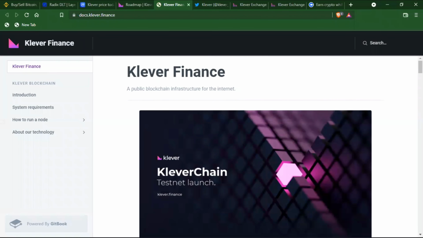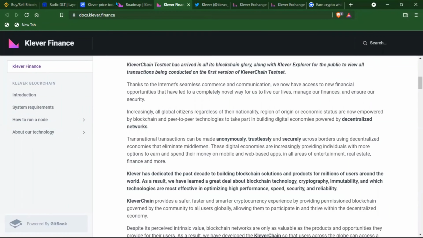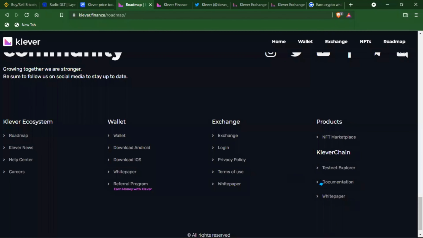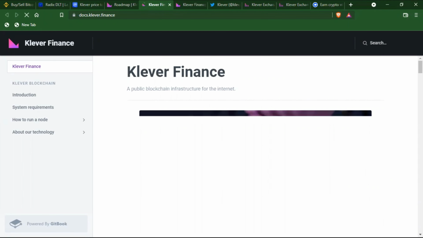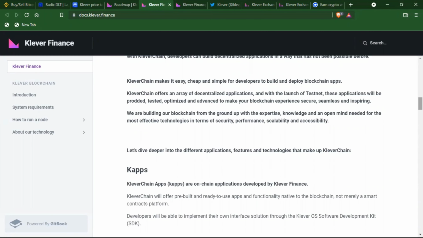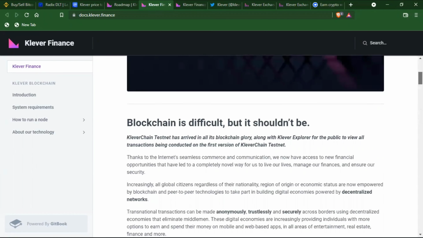This is like the testnet launch, introductions, and everything to expect from the testnet launch. So you get to see the documentation, everything the project is about, and you get to read. You have time, read, and all of that. If you want to become a liquidity provider, all of that will be available.